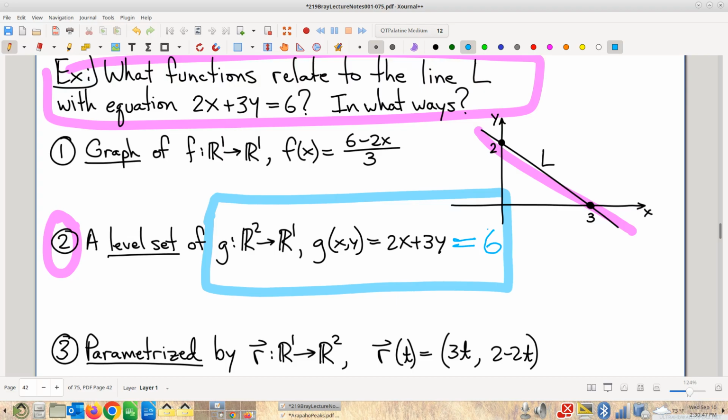What has been written down here makes it look like the student is saying that g of x, y is 6, and that is not the formula for this function. That's a value that the function achieves on the line in question, but again, that's not what the question asked for. What we asked for is what is the function, which if I were to make a level set of it, would give me the line. You can't put the equals 6 on the end here. That makes it wrong. So again, fussy, but again, important fussy.